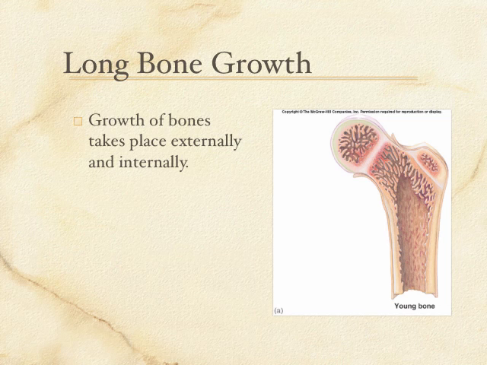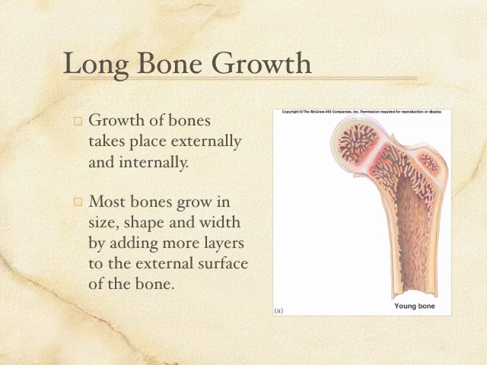Now, right away you would think, if I have a bone and I imagine it growing from a child's bone to an adult's bone, a child has the basic shape of an adult bone. You would guess you would just add more and more layers to it, and as you do, the bone would grow in the same shape, but just get bigger and bigger as you add more and more surface to it. Just add more external layers.